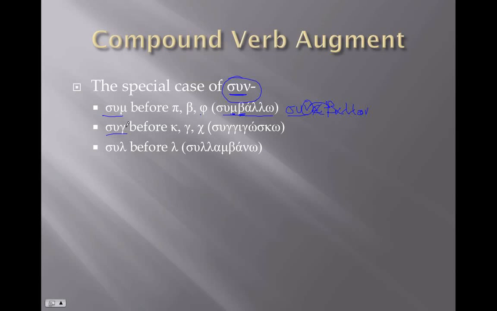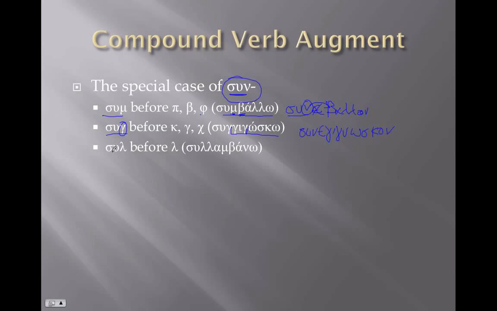Sun becomes sung with a gamma before kappa, gamma, and chi. So like sung gignosko. So the verb stem that we're building on is gignosko. And if we want to augment it, we're going to augment the gignosko. Egignoskon. And because the sun is not next to the gamma, we can go back to the sun. So sun egignoskon.